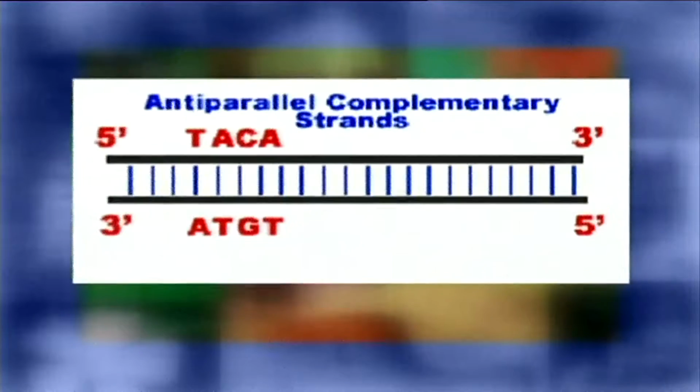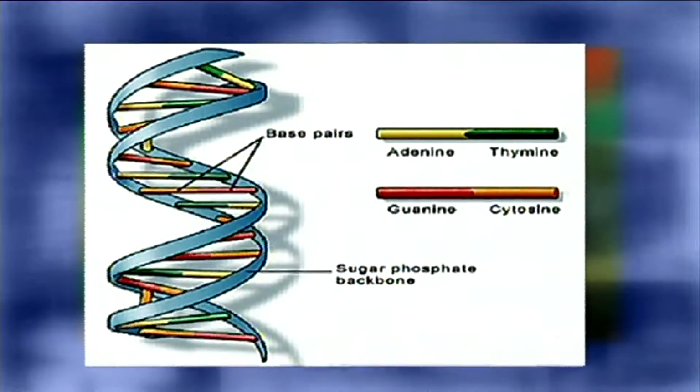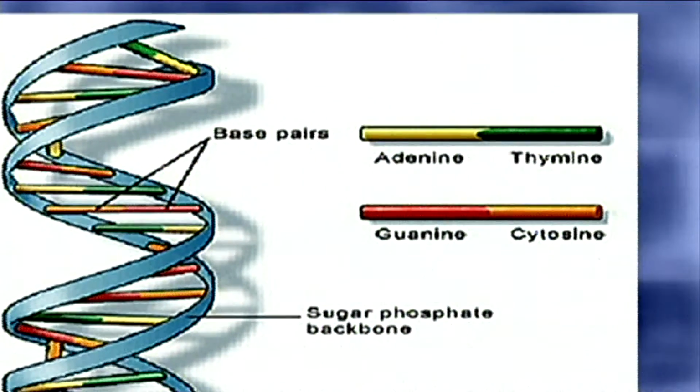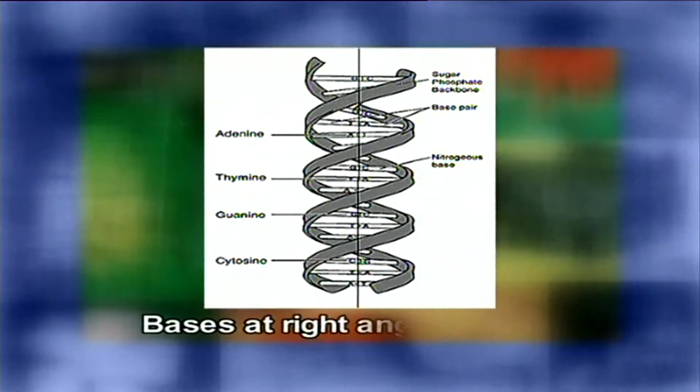2. The two polynucleotide chains run in opposite directions and have complementary base sequences, since adenine is linked to thymine and cytosine to guanine. 3. Bases in the DNA double helix are set at right angles to the long axis. 4.